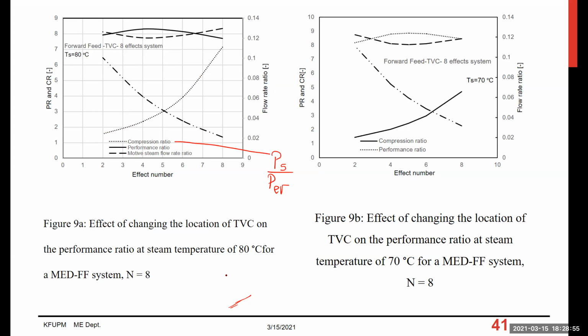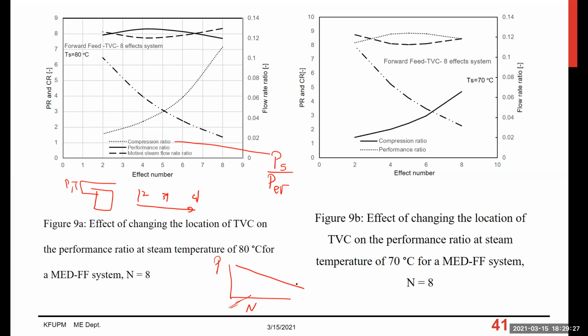For an MED system, if I'm looking at the pressure against the number of stages, you'll find that it is continuously decreasing. If you are going to keep the conditions going to the first effect at a constant pressure and temperature, and then you entrain from here or from here, as you are going in this direction for n equal to 2, 3, 4, then you are going to a declining pressure.